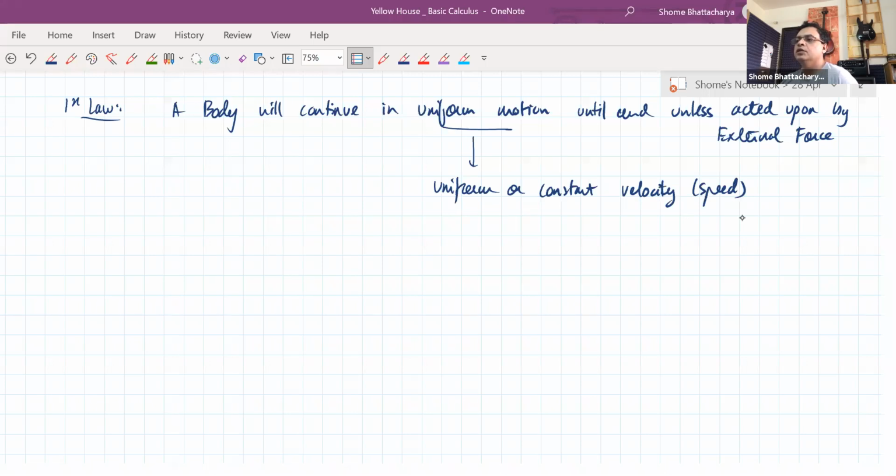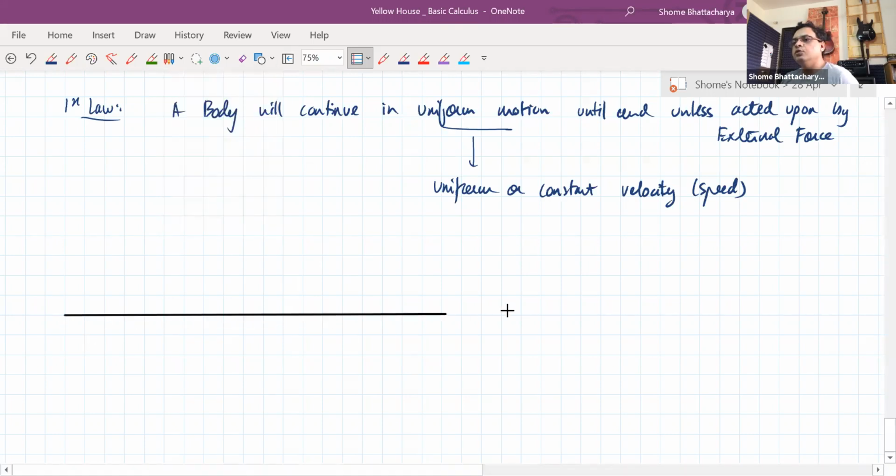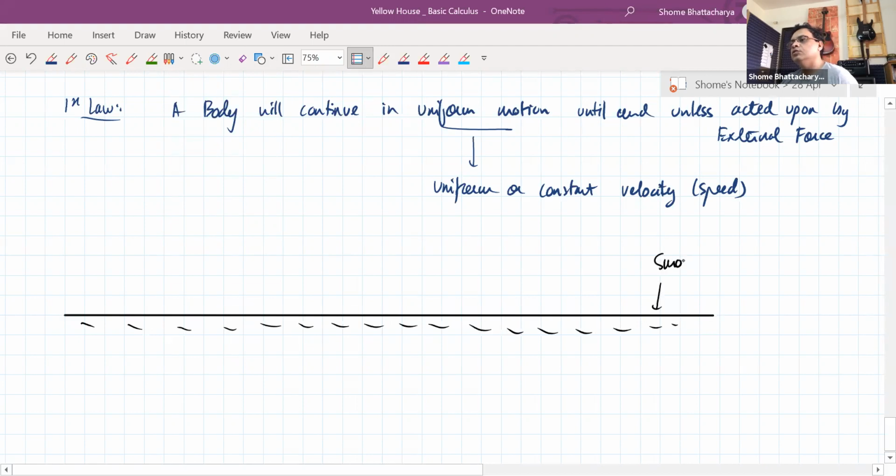Now if we want to visualize practically a situation where this is happening, we come back to the earlier example, that you have a perfectly smooth, perfectly frictionless surface.